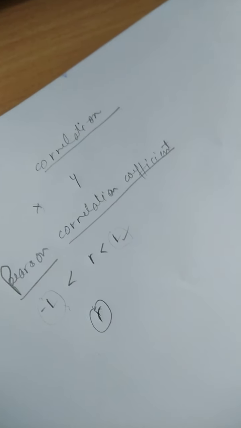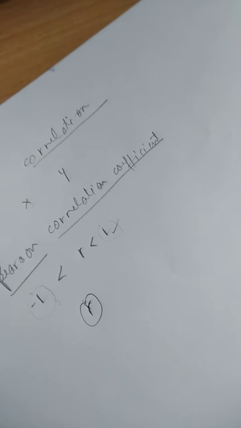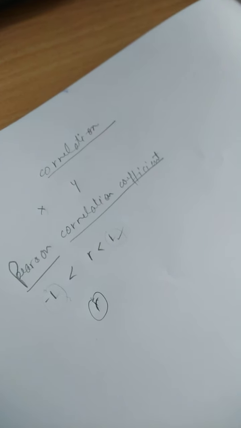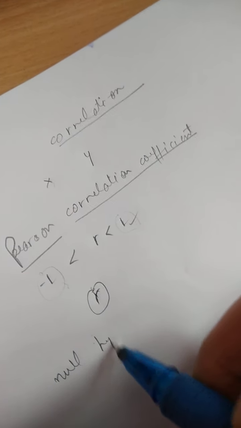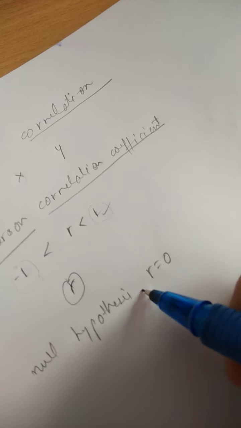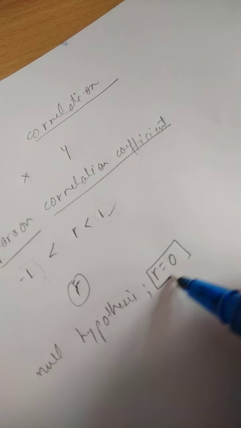So let's say our null hypothesis is that we take these data sets from a Gaussian distribution and they should be completely uncorrelated. There should be no correlation because we take the data at random. So our null hypothesis will be that R is equal to 0, that is, the data is totally uncorrelated.